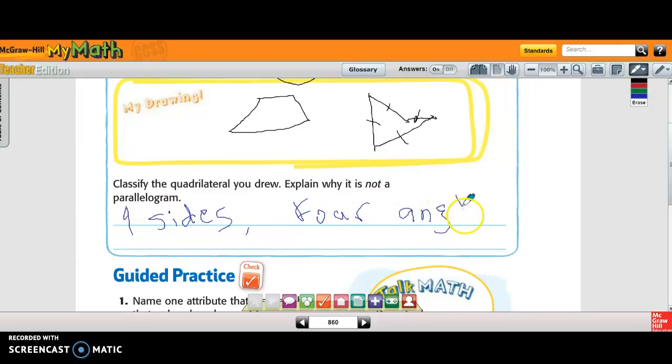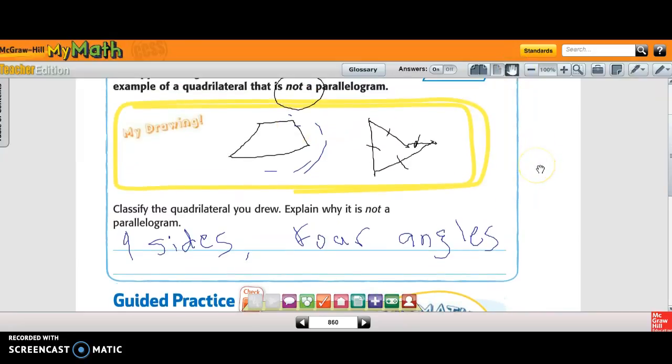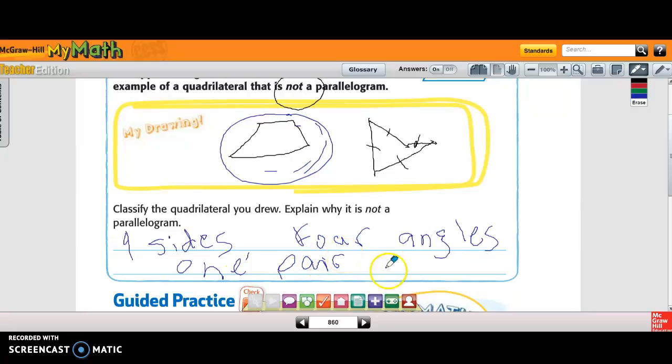The one that I drew, this one right here, has one pair of parallel lines.